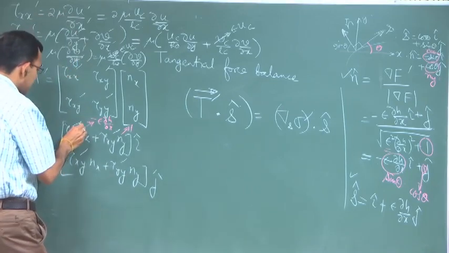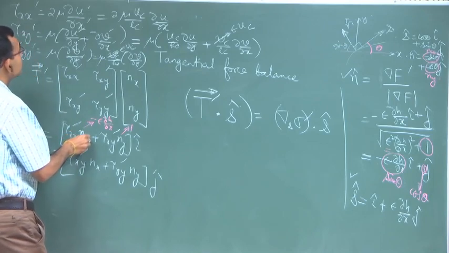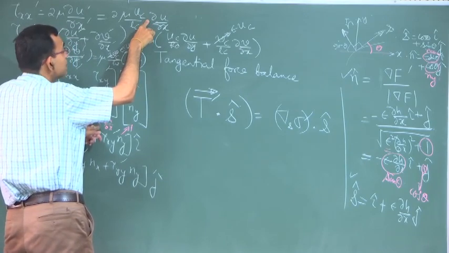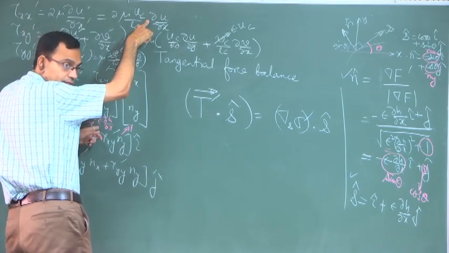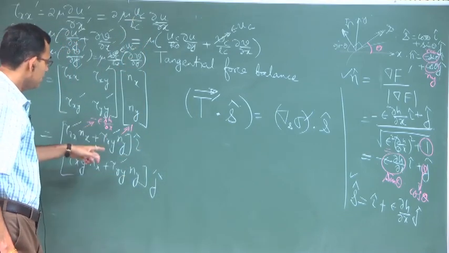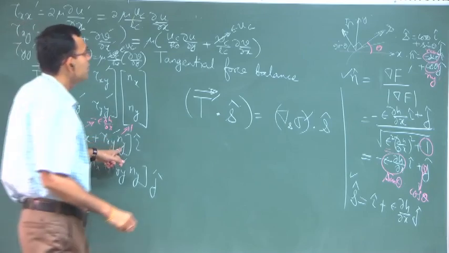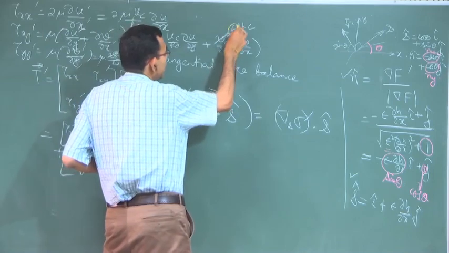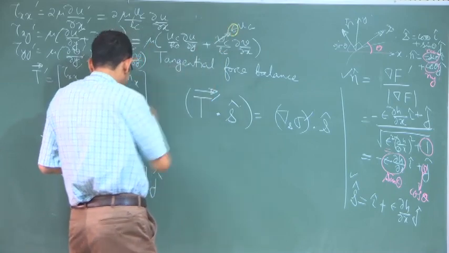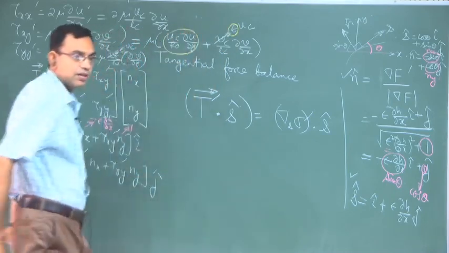So, let us say that this term tau xx is multiplied with nx. So, when it is multiplied with nx, there will be an order of epsilon, right. On the top of that there is some multiplier. When tau xy is multiplied with ny, this term will also be of the order of epsilon, because this is of the order of epsilon and ny is 1, but this is clearly not of the order of epsilon.